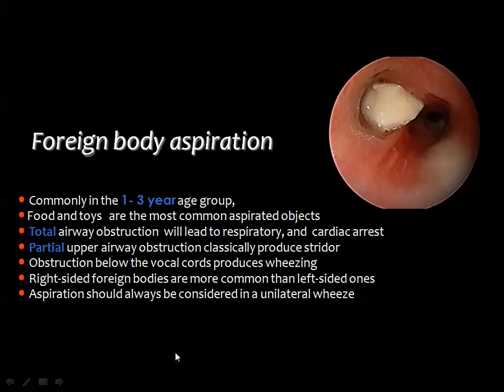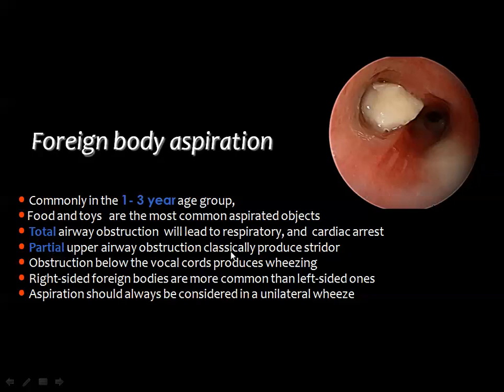Then the commonest age for foreign body inhalation is between 1 to 3 years of age, although reported cases are seen in younger children than 1 year in the range of 6 to 8 months. And food or toys are the most common aspirated objects.